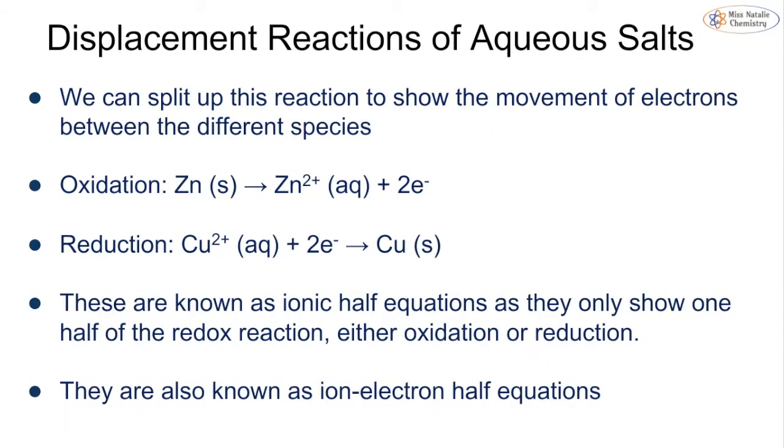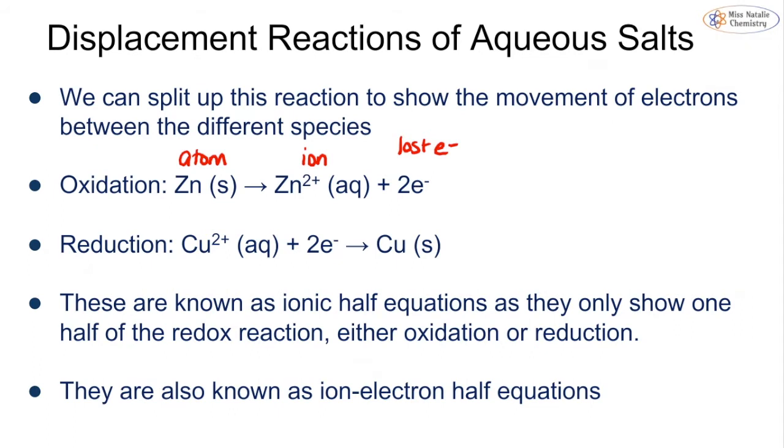Now we can even take this one step further and we can split this reaction to show the movement of electrons between the two different species. We can show that when an oxidation reaction happens, we start with a zinc atom and then we go to a zinc ion, and because it has lost 2 electrons, I have to write how many electrons have been lost.